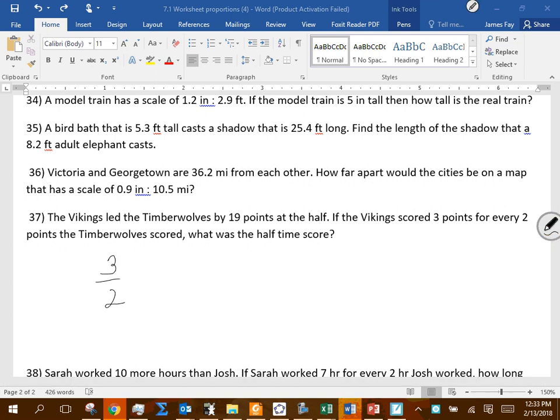Is that similar to saying that one person drove for 12 minutes for every 17? Or somebody worked 10 hours for every 4, something like that, 7 hours for every 2? So 3-2 is my ratio. The Vikings were winning at halftime by 19, so I don't know what the Timberwolves score was. The Timberwolves were the 2s, so I put them on there. And then you write that as X plus 19 up there. Does that kind of make sense?